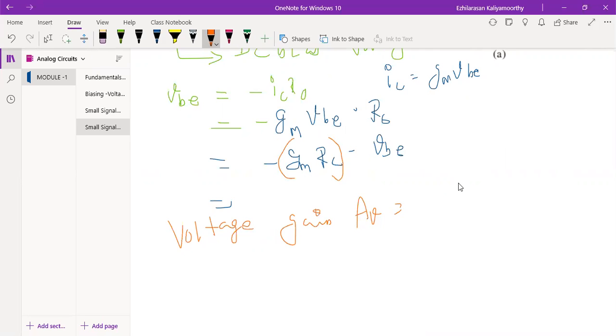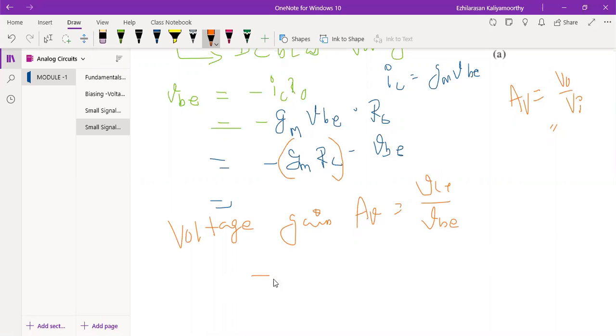Normally we'll say in DC, Av is equal to Vo by Vi. But here the output is the voltage vce, divided by the input, which is vbe, the small signal. This is a small signal voltage gain actually.